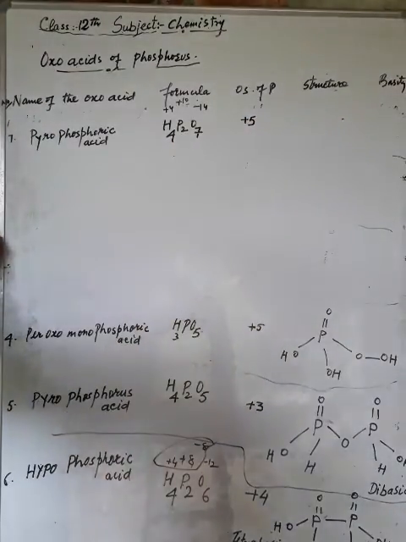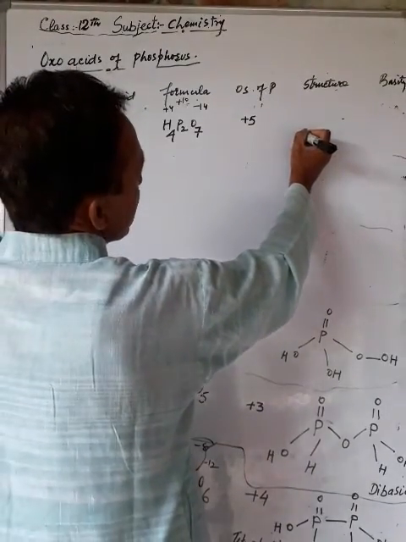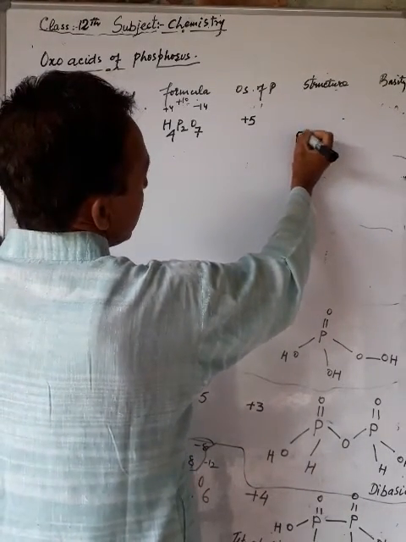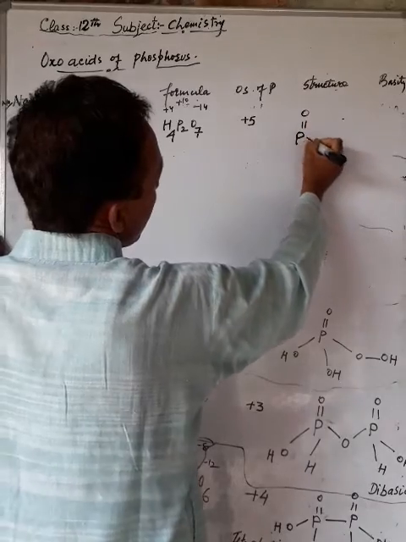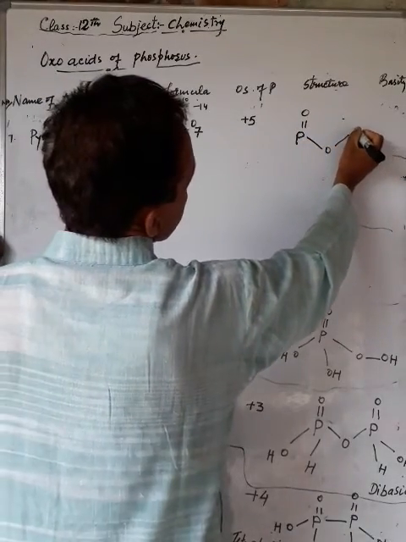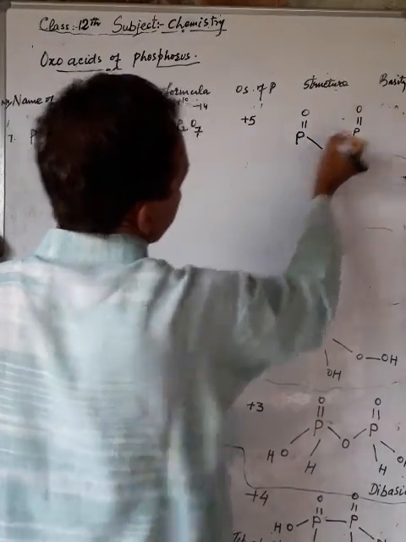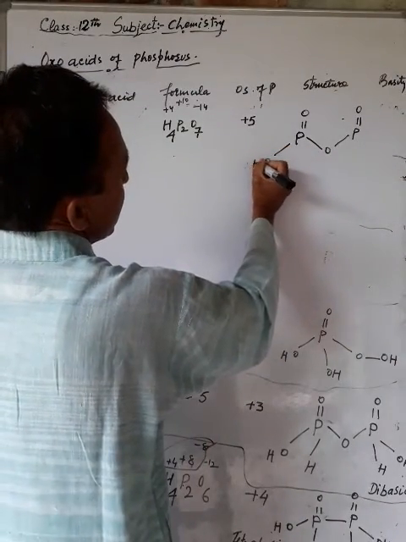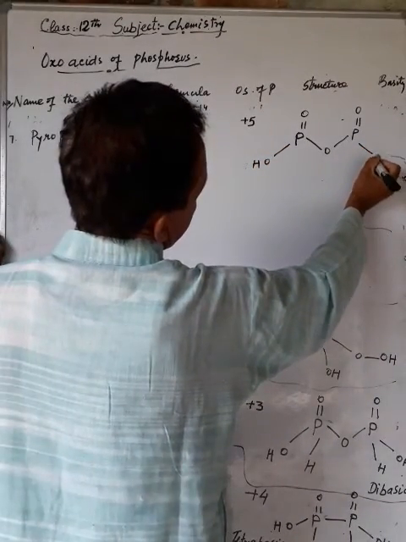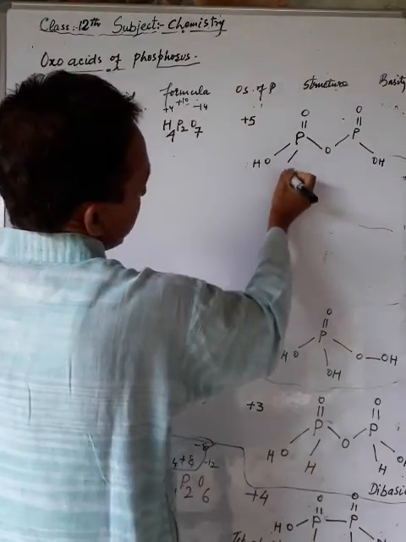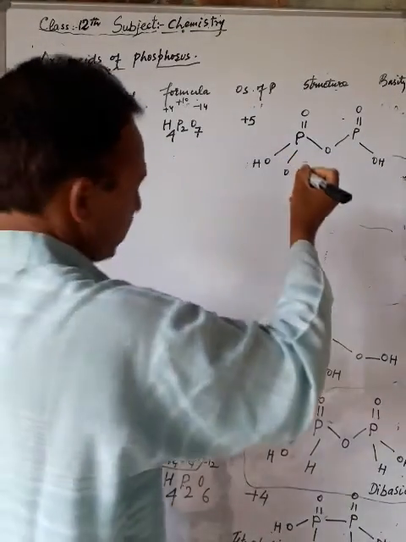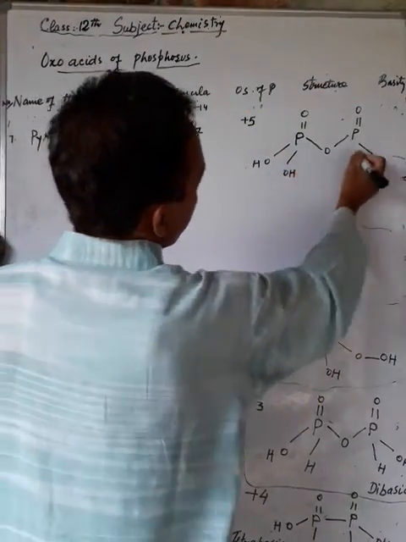And the structure of the compound is P double bond O, O, P double bond O, OH, OH, OH, OH.